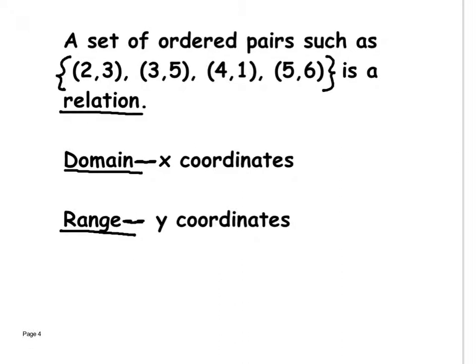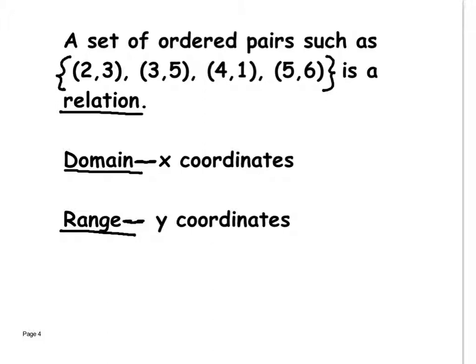Alright, you need to write this down. A set of ordered pairs such as this is what we call a relation. It's just a group of ordered pairs. Later on we'll talk about relations and how they connect and their relationship. But right now you just need to know a group of ordered pairs is a relation. You need to know that domain includes all of the x coordinates and range includes all of the y coordinates.